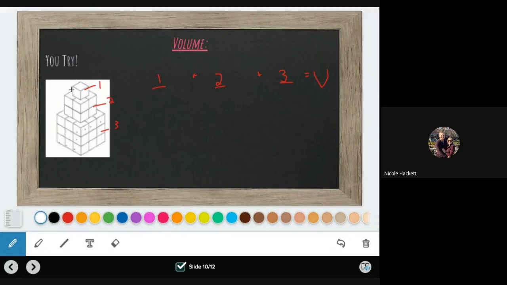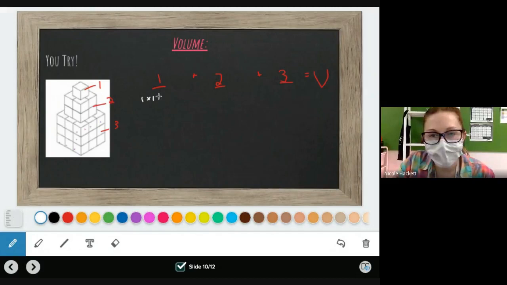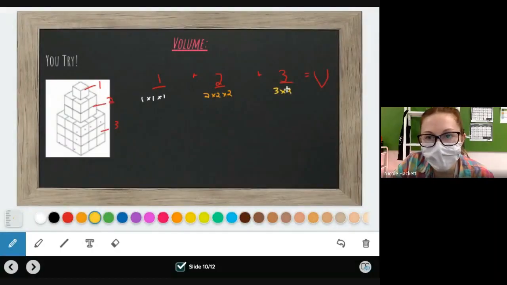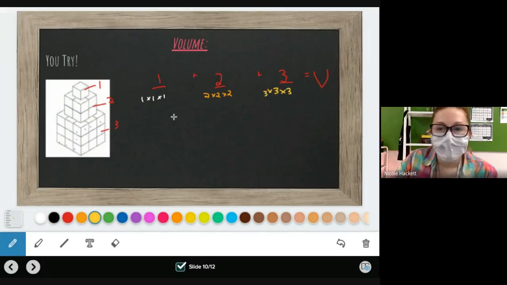So for this first one, notice it has a length of 1, a width of 1, and a height of 1. And then for our second one here, it has a width of 2, length of 2, and a height of 2. And for our last one, we have 3 times 3 times 3, because these are all cubes, but with different side lengths.